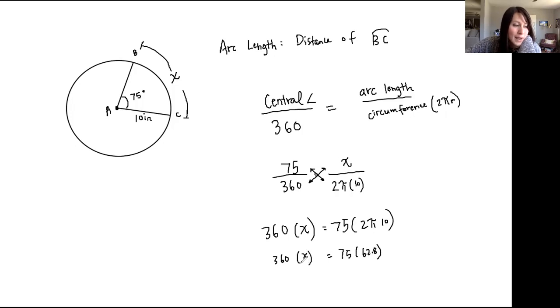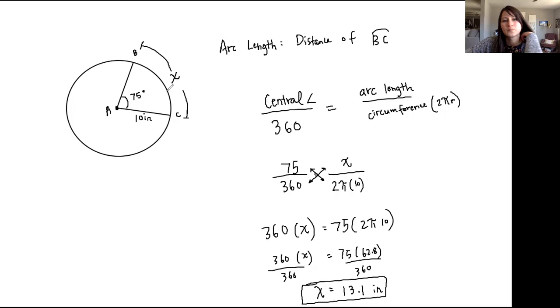And what I'm going to do is I'm going to divide by 360 on both sides to get x by itself, and now x is 13.1 inches. Because my radius was measured in inches, so I'm going to keep this in inches. So my arc length is 13.1 inches out of the entire circumference of the circle.